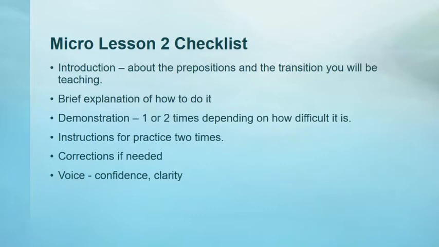Then you're going to get the students to be practicing. So again, 2 times practicing, giving any corrections that are necessary. And then also the point about your voice. So you want to make sure that your voice is going to be smooth, clear, and confident. So those are the points that we want to check for micro lesson number 2. And now we'll see an example of how to conduct it.